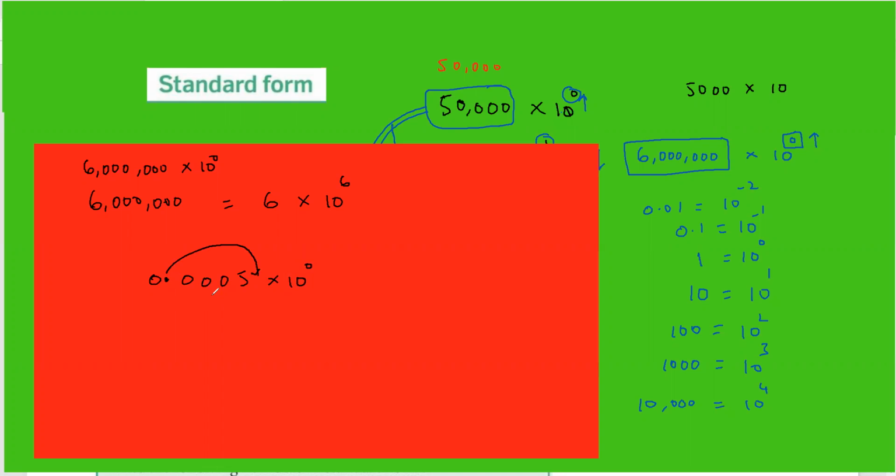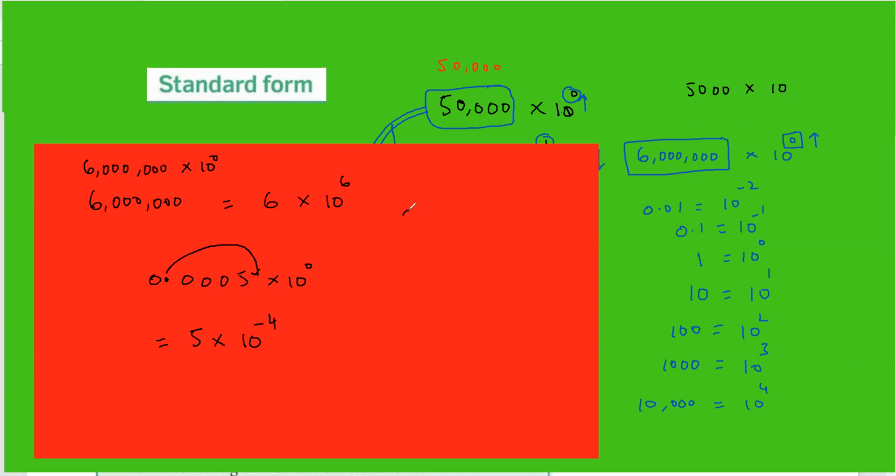If I write 0.0005 as 5, am I increasing it or decreasing it? I'm increasing it. When I'm increasing it, that means I'm multiplying it with something, so I should be dividing this as well. So this is going to be 10 raised to power minus 4.